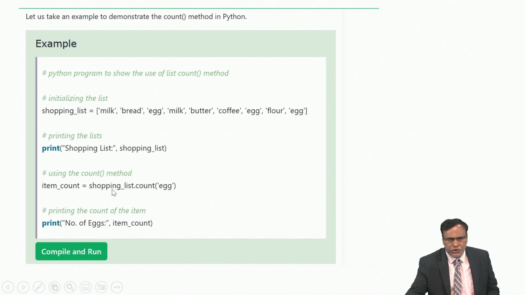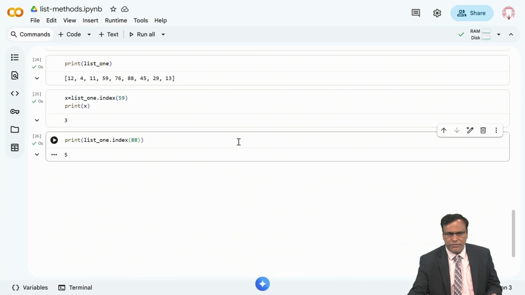Therefore it is going to return the value 3, and it has been collected into this variable, and using that variable I printed that count. So this way the count function works. The length function is different from this. The length function gives the number of items in the list. Don't get confused.